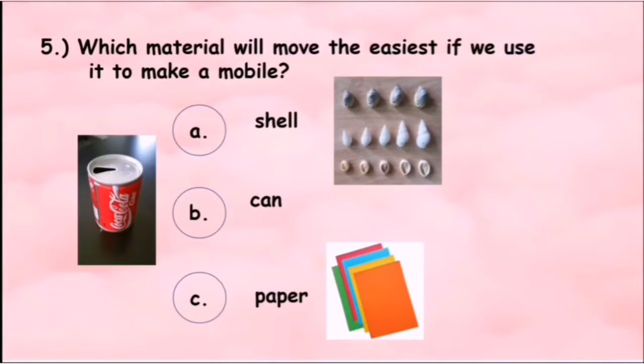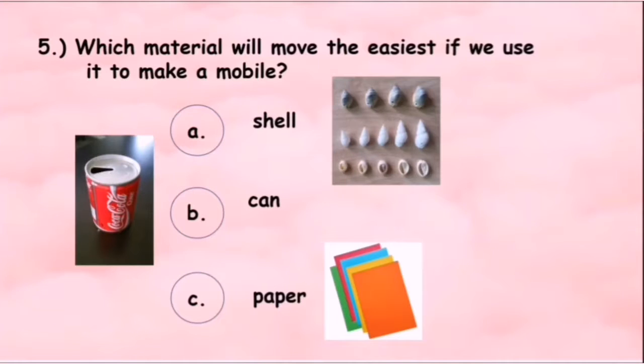Okay, so among these three materials, the shell is the easiest to move. We cannot move the paper easily because we might tear it, and also the can. So among the three pictures, the shell is the easiest to move. We can easily adjust the shell if we want to.